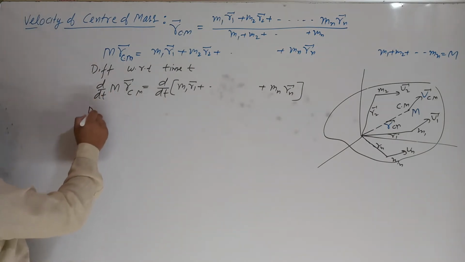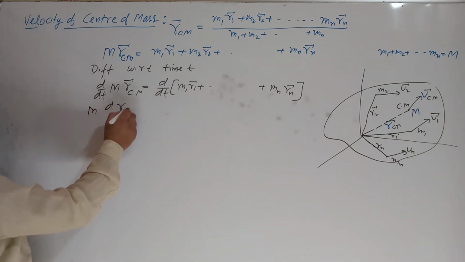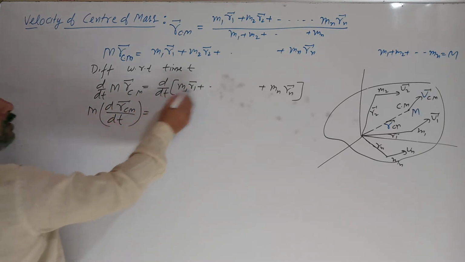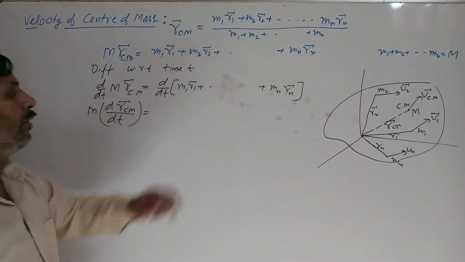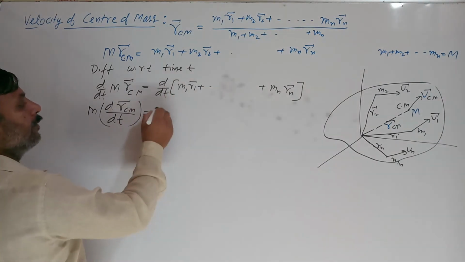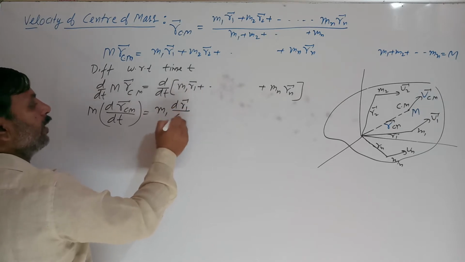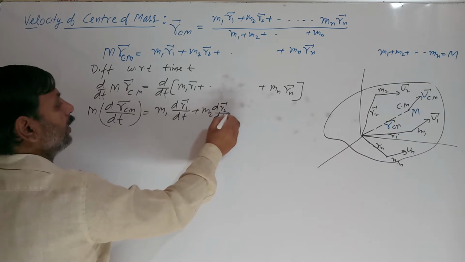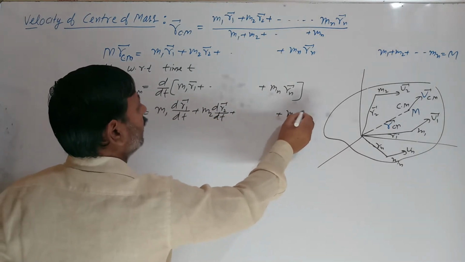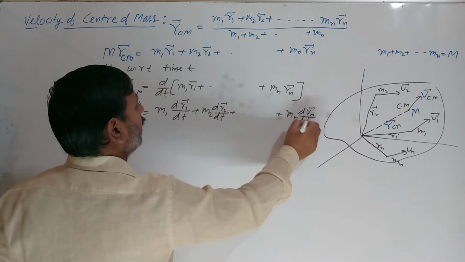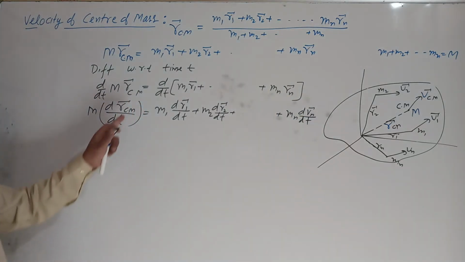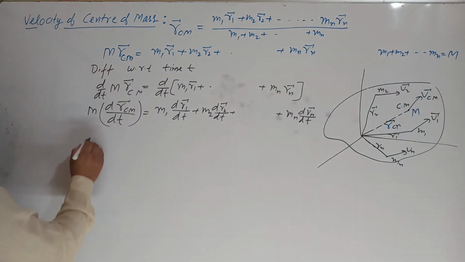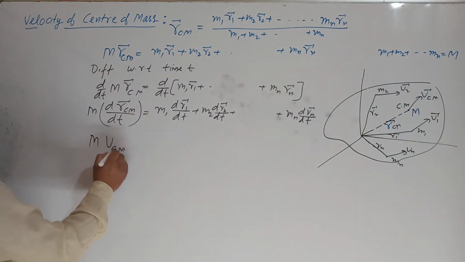M is constant, and m1 is constant, so we distribute the differentiation: m1 dr1 upon dt, m2 dr2 upon dt, like that mn drn upon dt. dr upon dt of the position vector of center of mass is the velocity of center of mass.